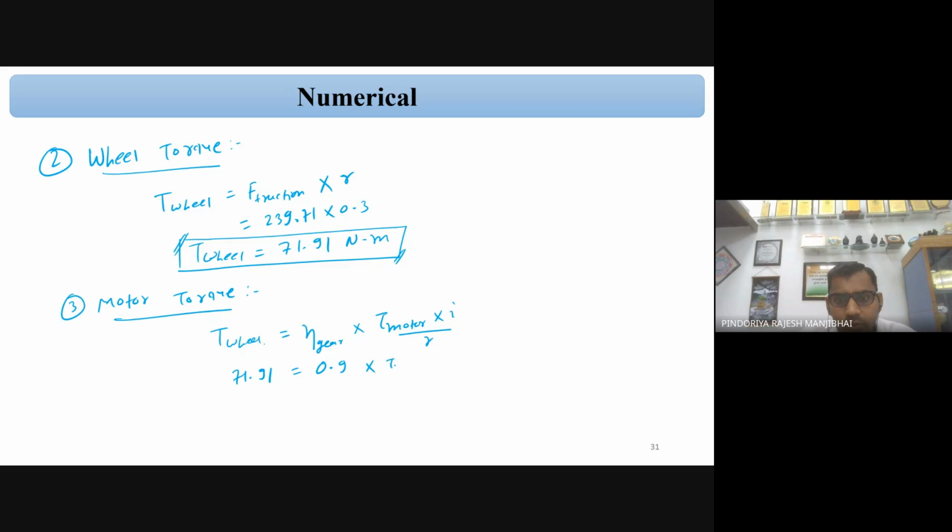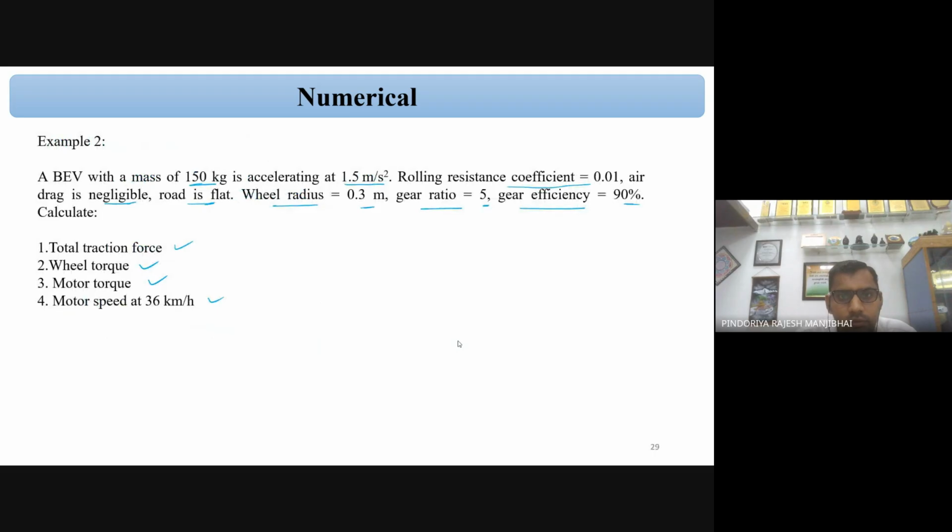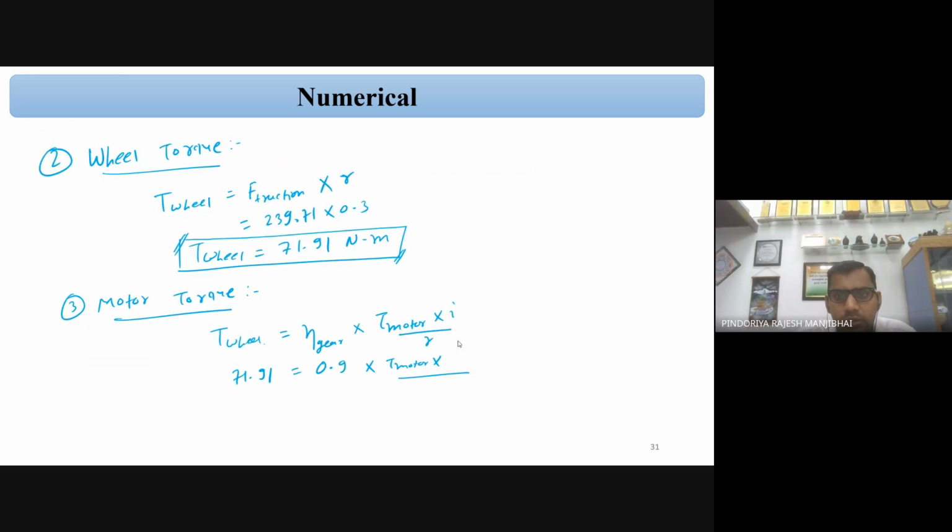T motor we have to calculate. What is I? I is given, the gear ratio is 5. And R, the radius, is 0.3.